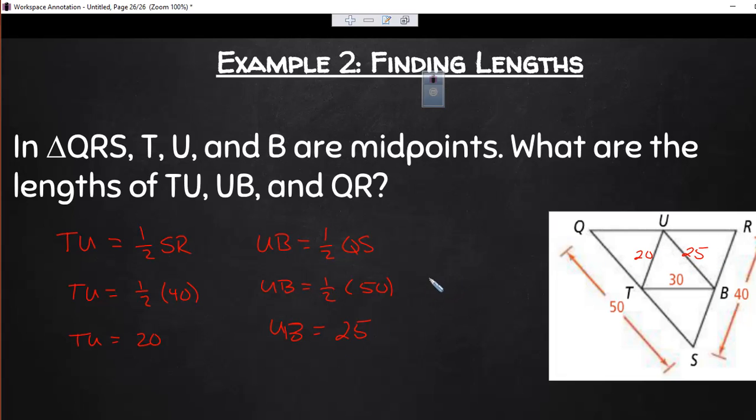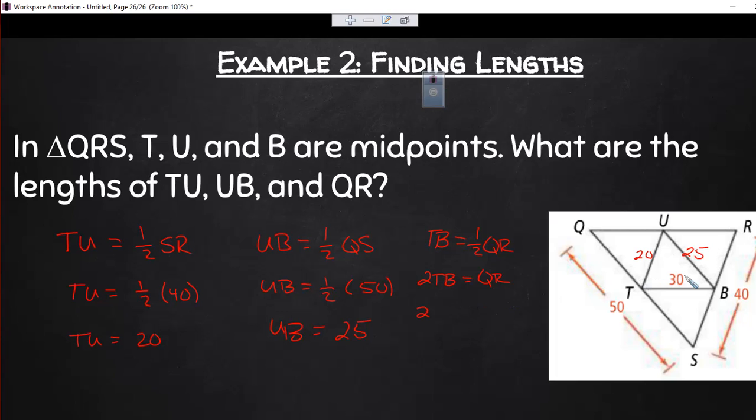Now the last segment is we're looking at the length of QR. So that means that our mid-segment that's across from QR is going to be TB. TB is equal to 1/2 of QR. Now when we're looking for the third side, sometimes it's easiest if we just go ahead and move this 1/2 over here, multiply both sides by 2, so we get 2 TB is equal to 1 QR.